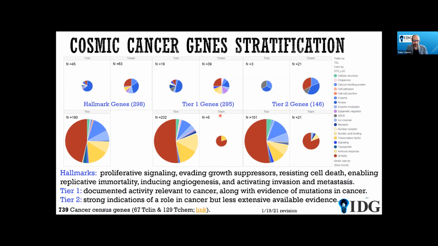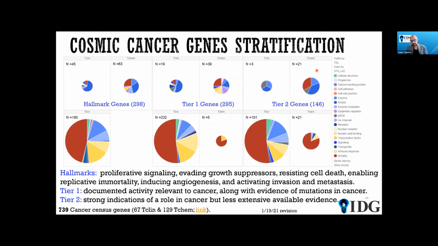So there is a clear causal relationship between these genes and cancer. Whereas with tier 2, the evidence is nearly there, but doesn't meet the exact requirements. And just as a vignette, if you follow kinases, you will see that a significant number of kinases are present in TCLIN and TCAM throughout this upper layer of panels.